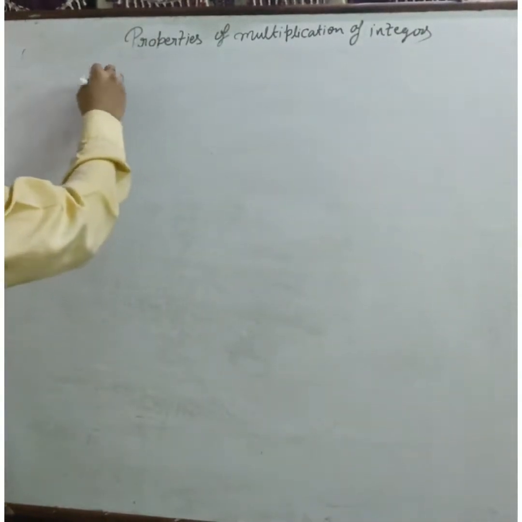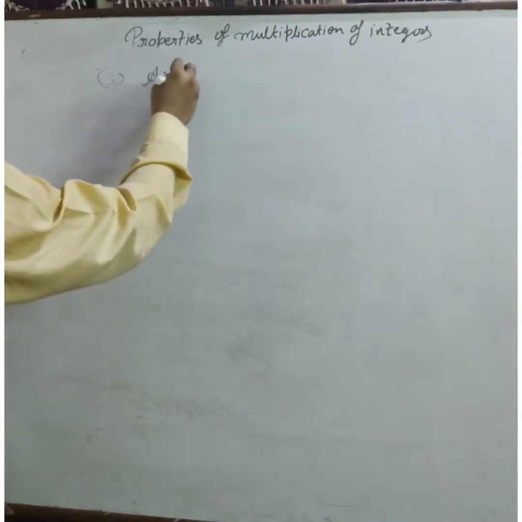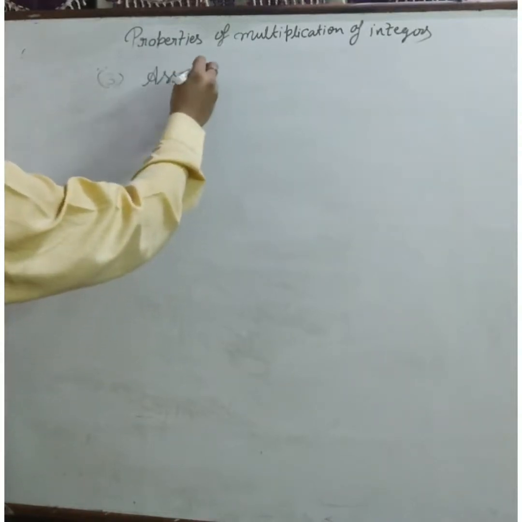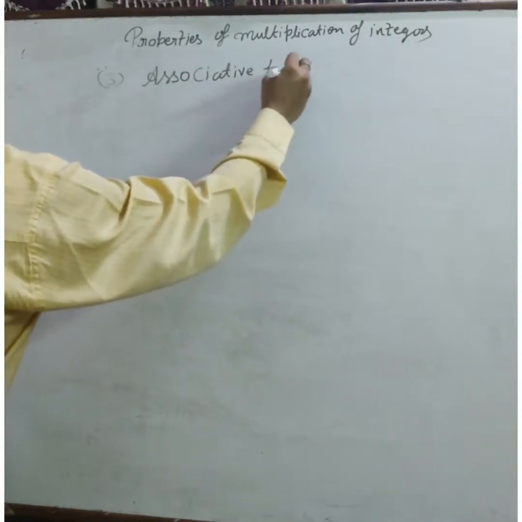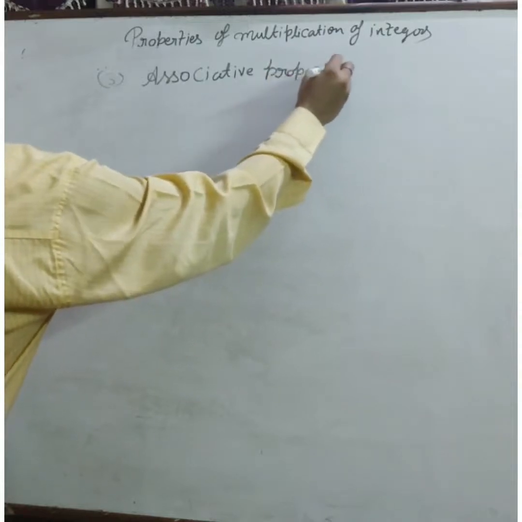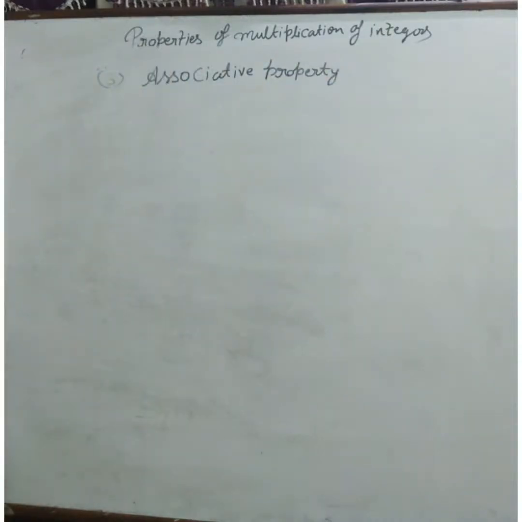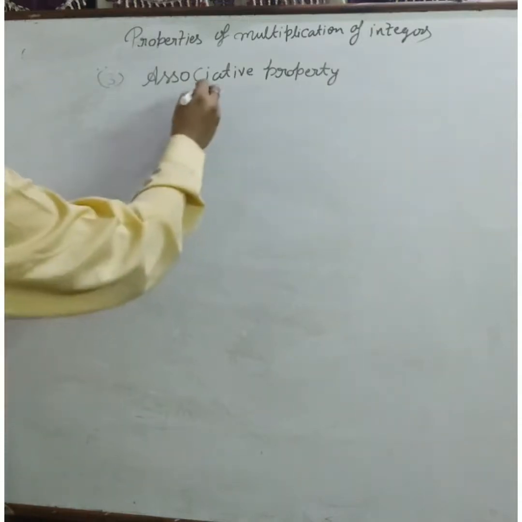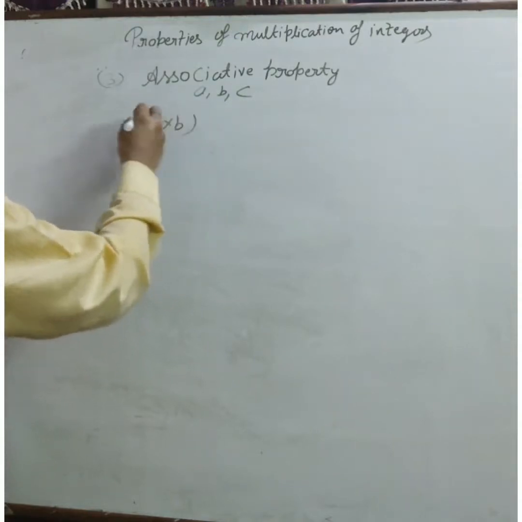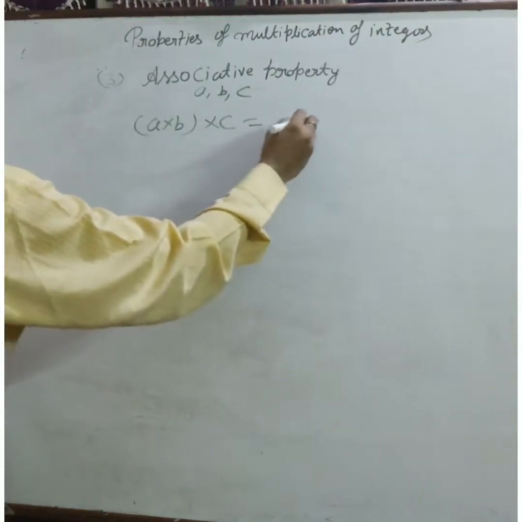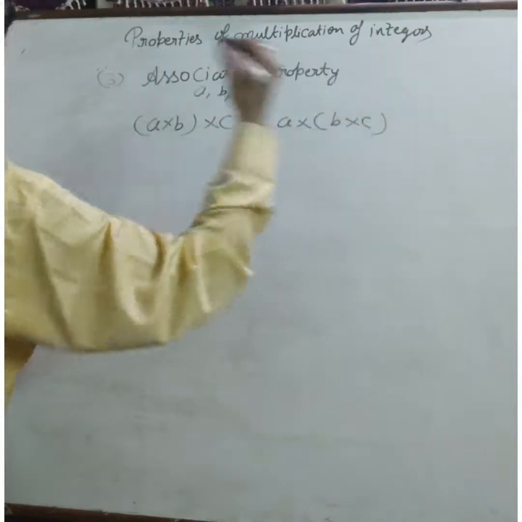The third property is the associative property. In the associative property, if we let the three integers be a, b and c, then (a multiply b) multiply c is equal to a multiply (b multiply c).